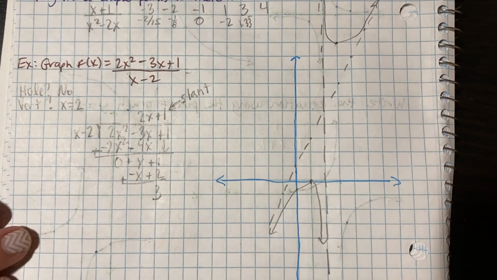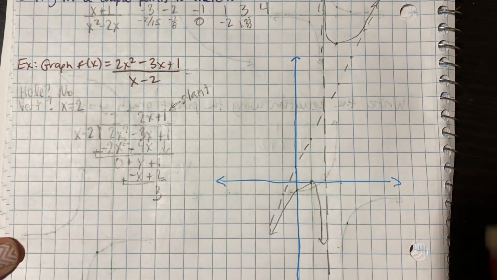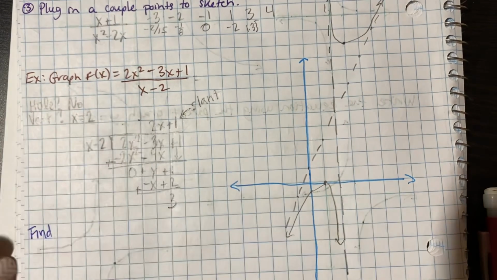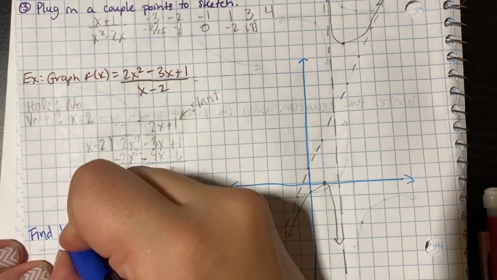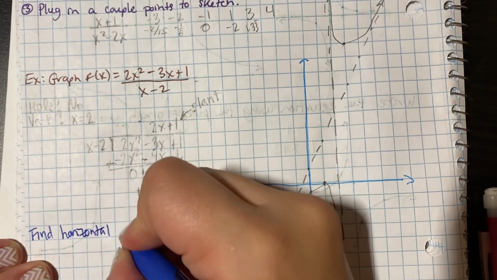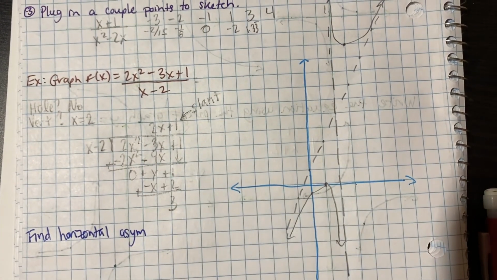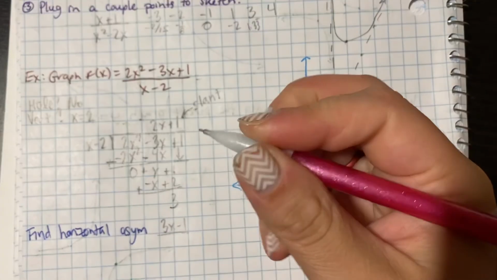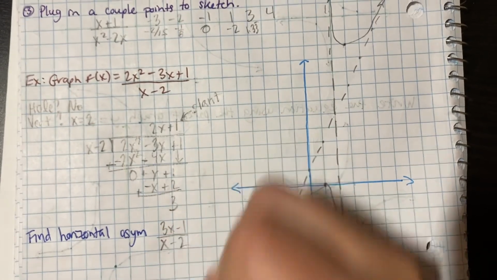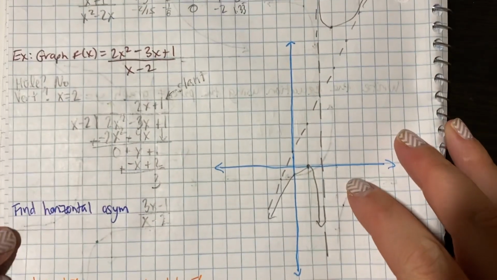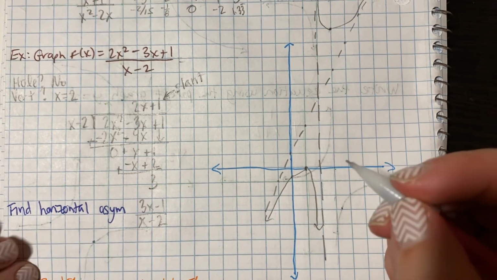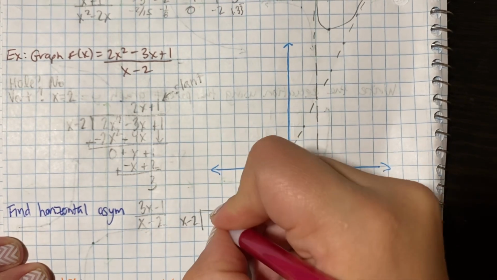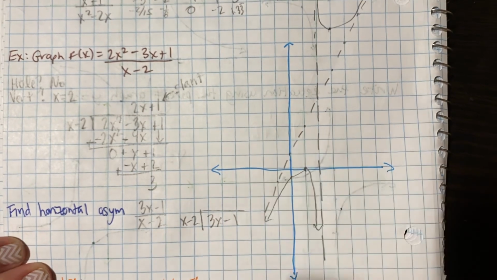What does it look like if we find a horizontal asymptote? I'm going to do a problem for you right down here. I'm just going to do an add-on. Okay, so I have 3x minus 1 over x minus 2. Okay, find the slant or horizontal asymptote. So what I'm going to do is my x minus 2 goes outside. My 3x minus 1 goes inside.